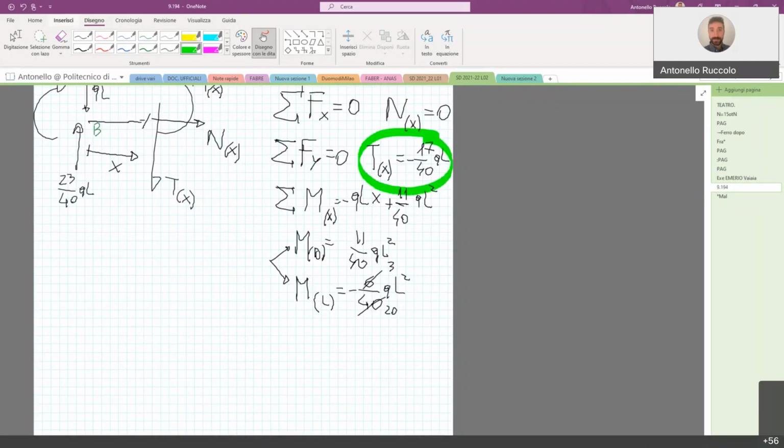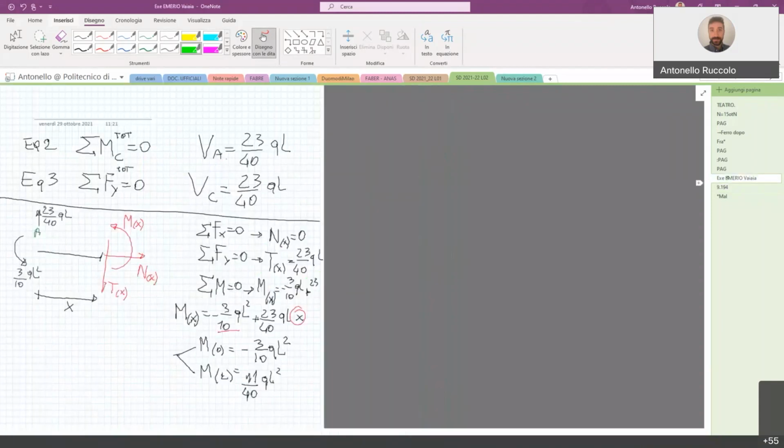The shear force in the node B belonging to the beam BC is equal to minus 17/40. Whereas the shear force in the node B, but in the beam AB, so right before the application of the load, was equal to 23/40.